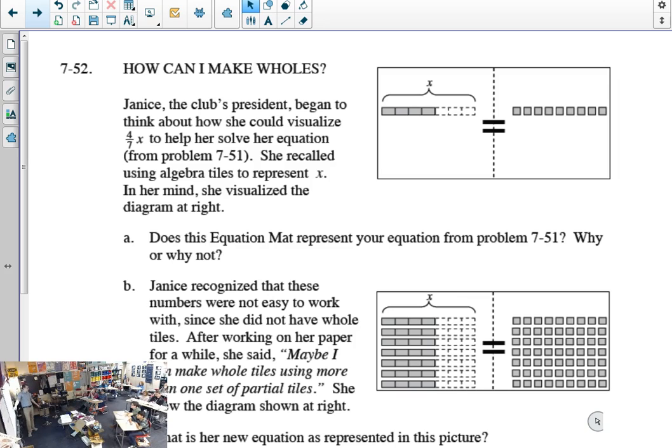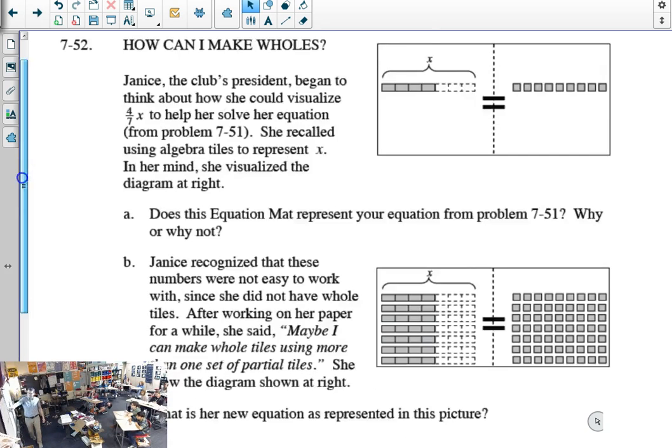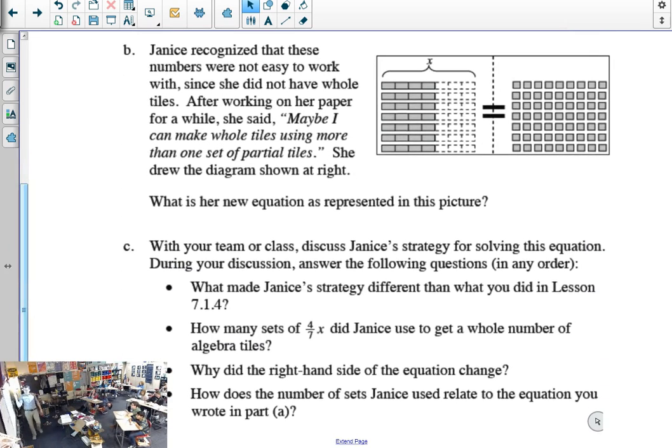If I double the amount over here, I double the amount over here. And if I keep doing that, we could get to a point where we have enough to quantify and make equal and then solve, and we still get the same answer. So I think we can probably skip past that.